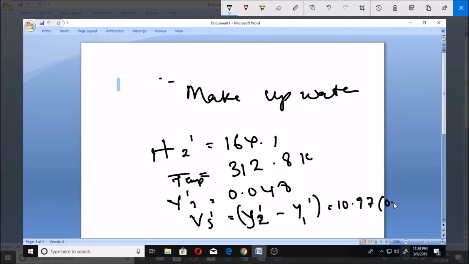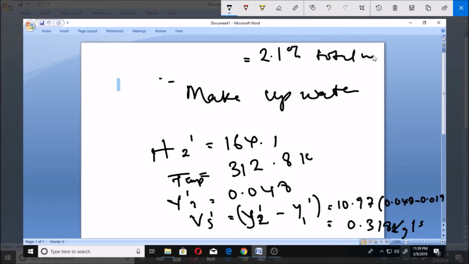Which will give us 10.97 times (0.048 minus 0.019), which will give us 0.318 kilogram per second. Now this is equal to 2.1% of the total water in circulation.